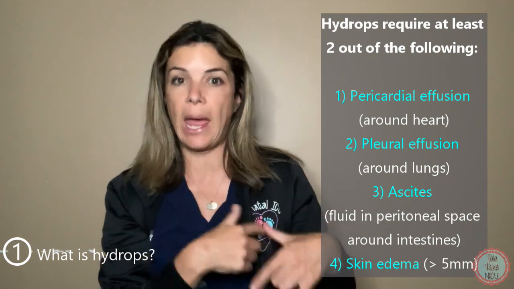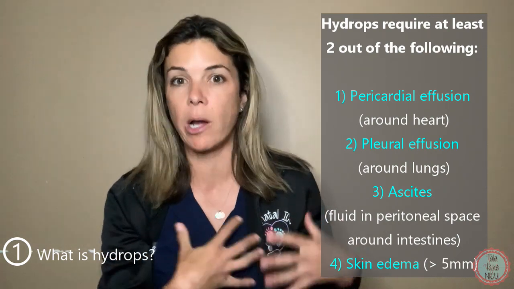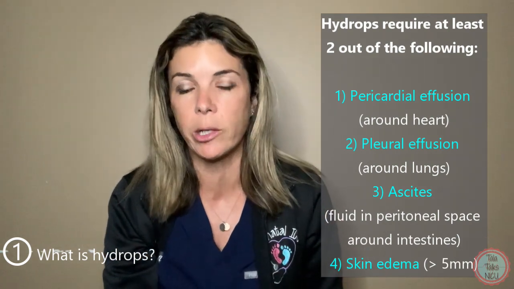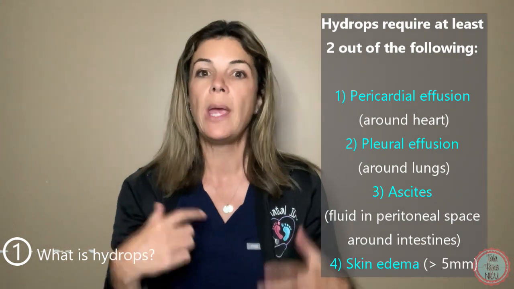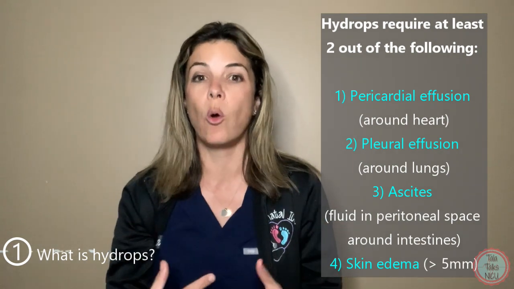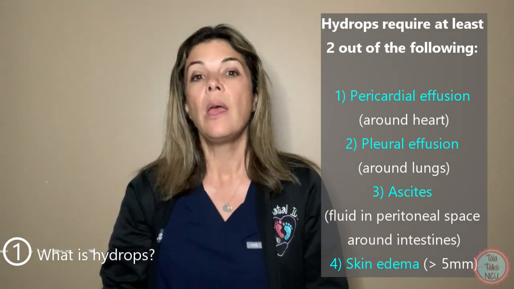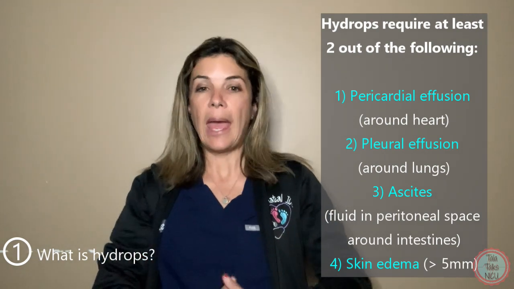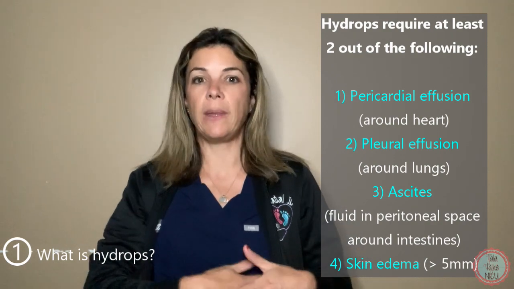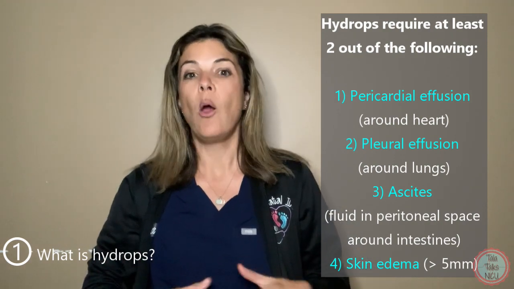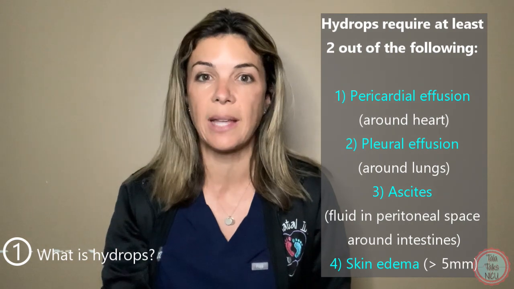So the 4 potential spaces for fluid accumulation are: 1, the area around the heart, the pericardial sac, which is called a pericardial effusion. Number 2, the space outside the lungs, or a pleural effusion, which is within the pleura. Number 3, the area around the intestines, or in the peritoneal cavity, which is also called ascites.